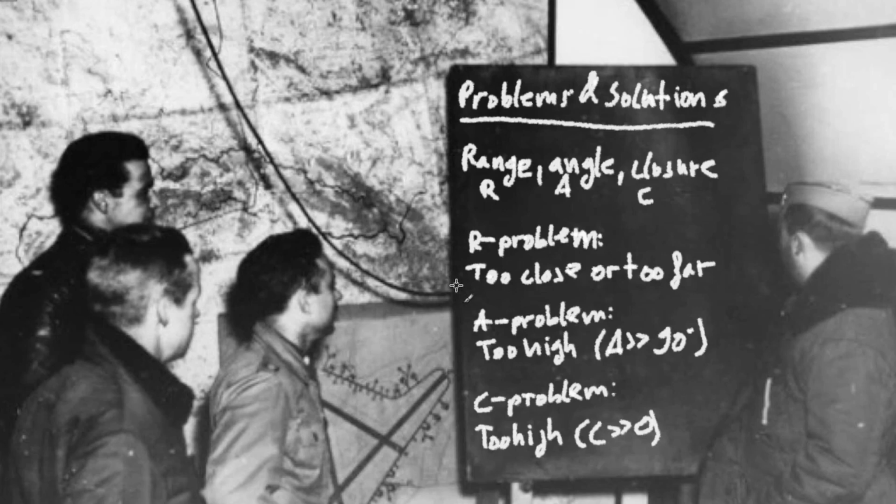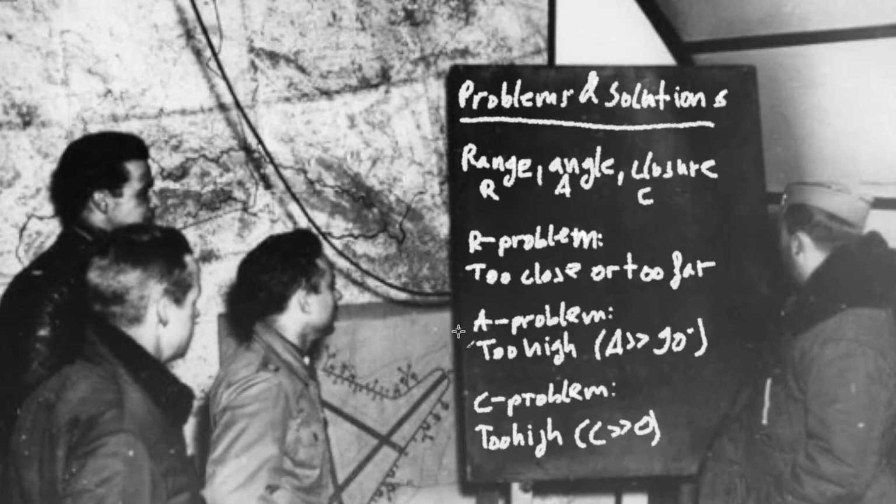Because if you're too close and he does a sudden move, then you would have to react very quickly, and you might not be able to do so. On the other hand, if you're too far away, then you won't be able to deploy your weapon, so that's a problem as well.